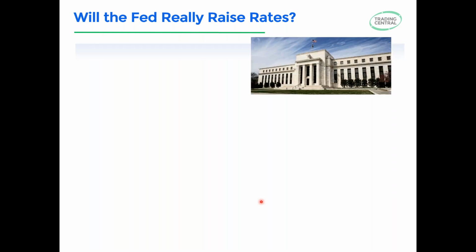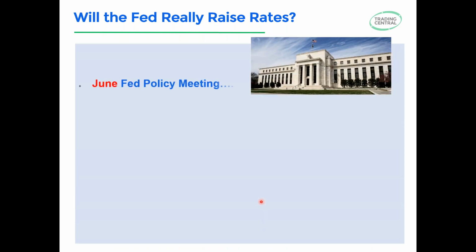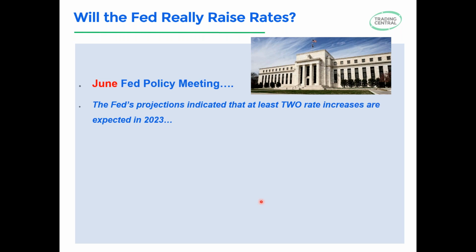Just like here, in the middle of June, maybe 2 or 3 weeks before, the Federal Reserve of the US said their projection, now listen, is that they will increase rates at least 2 times, not this year, not next year, but in 2023. Two years later, their projections.